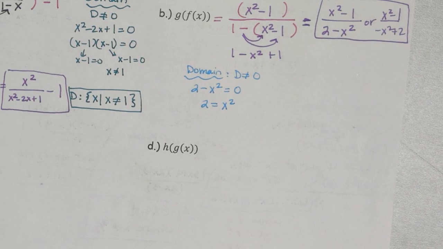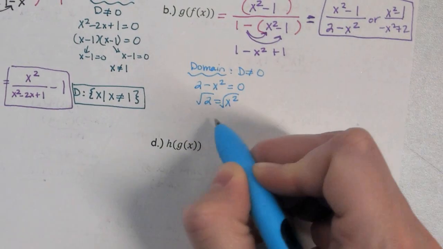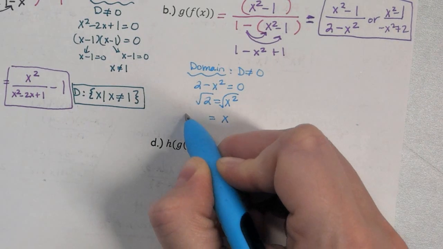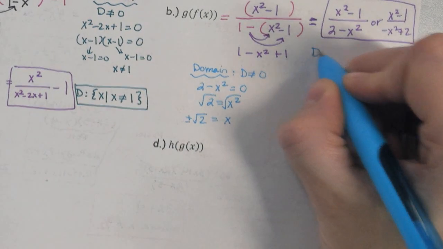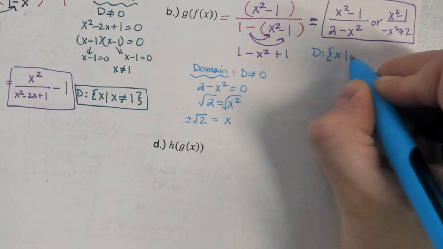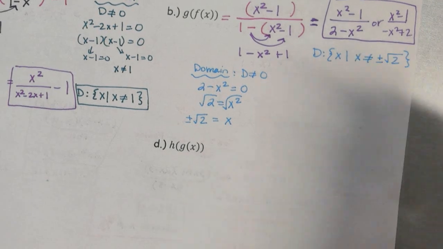And then if I have x squared, how do I undo the power of 2? Take the square root. When I take the square root, what do I have to remember to put with my answer? Yeah, the plus or minus the root 2. Okay, so your domain is going to be all values of x such that x cannot be plus or minus root 2.